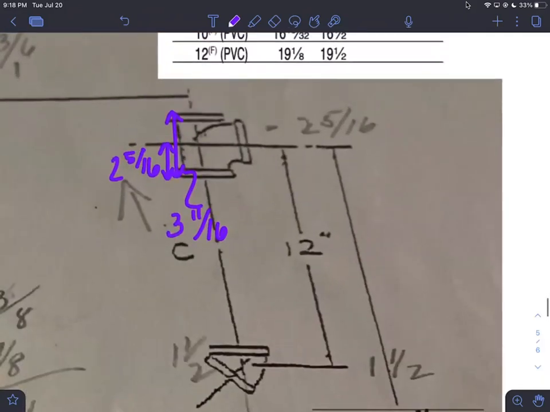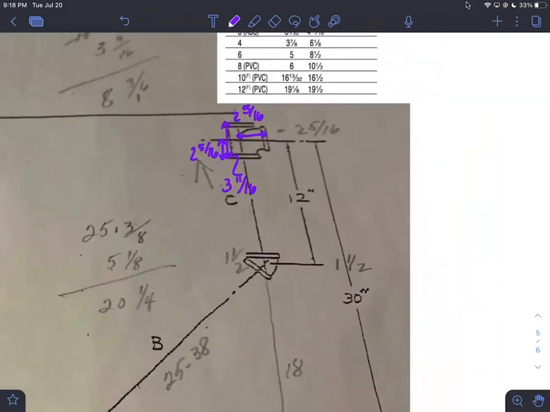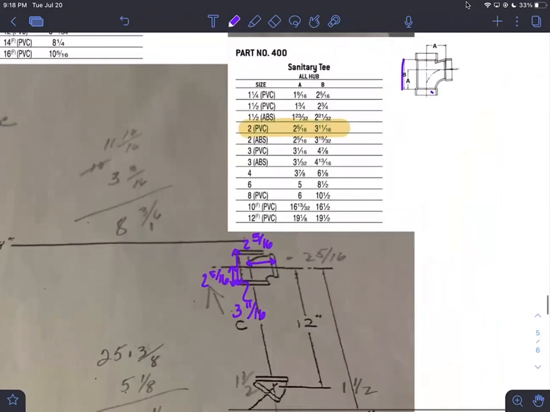Which we already know to be 2 5/16. Okay, and that's the number from this middle line to this corner edge right here. And so that's just coming from the little chart.